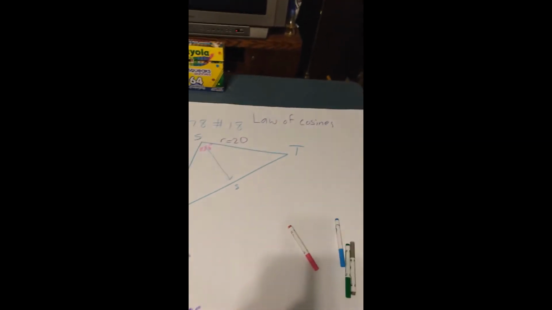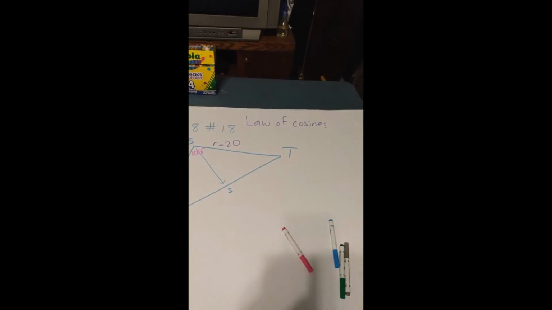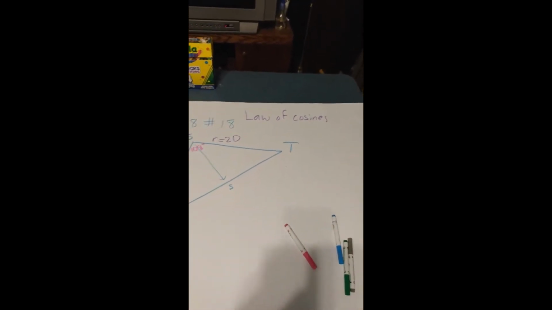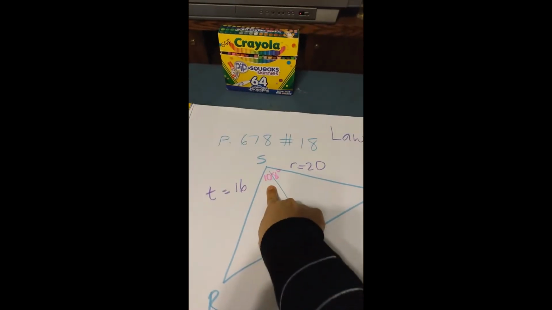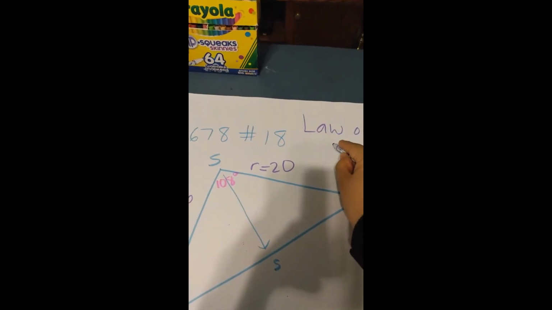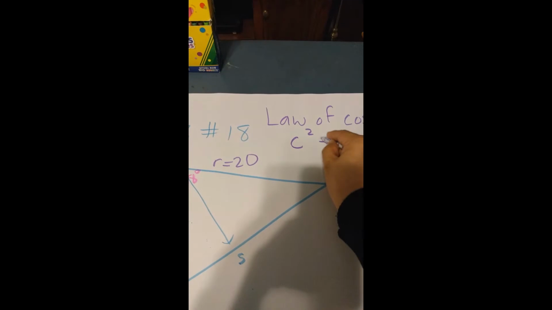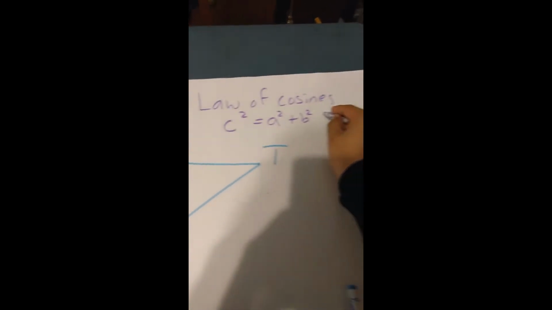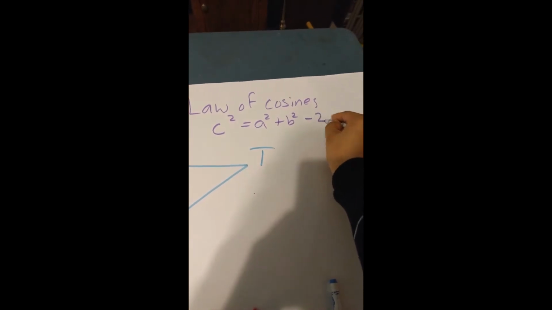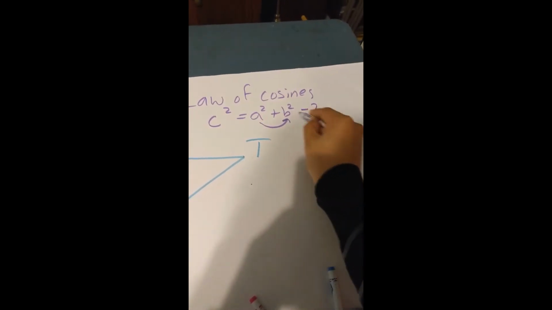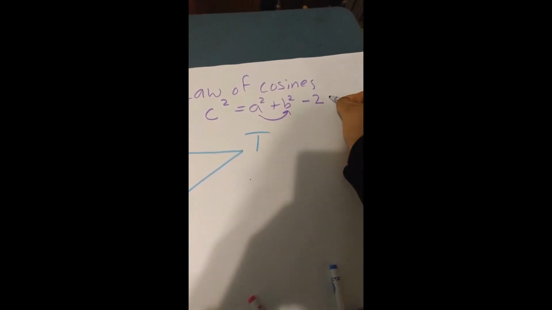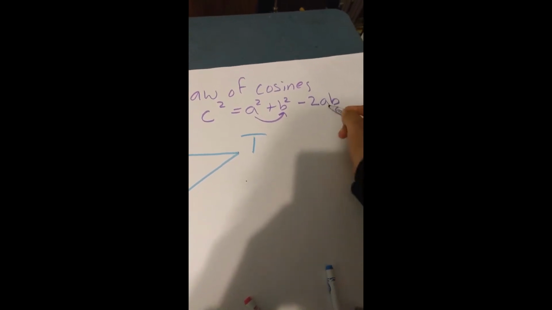For the law of cosines, it's basically like a squared plus b squared equals c squared, but I'm going to put a little bit extra because I don't have a 90-degree angle. So I'm going to be using c squared equals a squared plus b squared minus 2ab cosine of c. If I actually know the quantities, I can plug in numbers there.